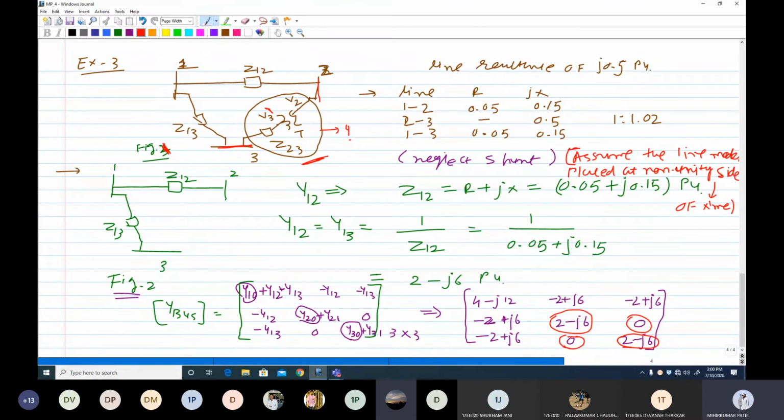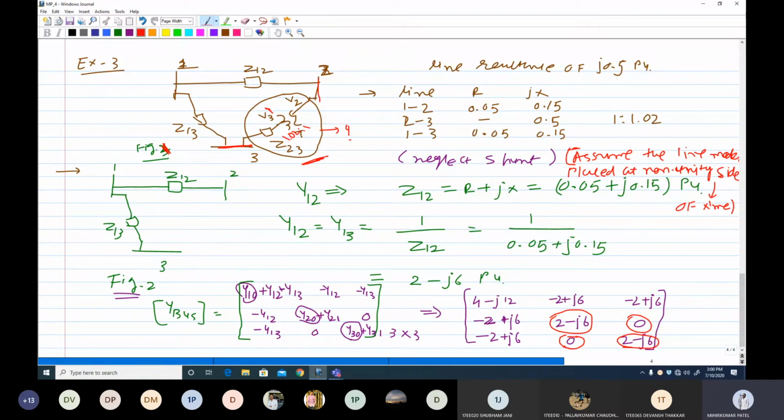So V3 dash, yes, very good. V3 dash, you can write over here also. Here also, at this side, your transformation ratio is 1.02 to 1. Clear?